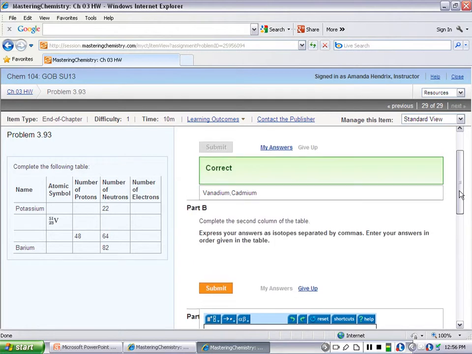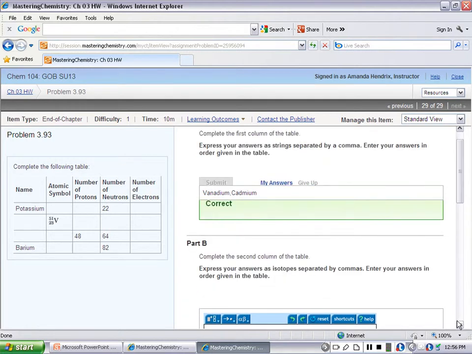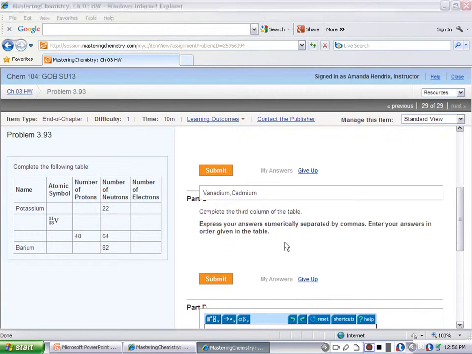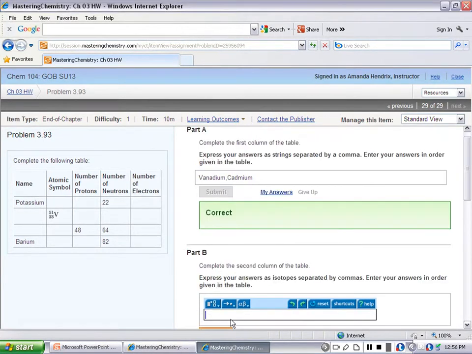Now it says to complete the second column. If we look at our second column, it's our atomic symbol column. The first one that we have blank is our potassium. I want to be sure and go in and use the appropriate stacked superscript and subscript.